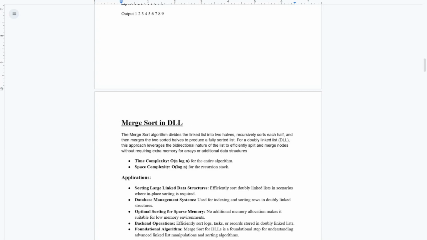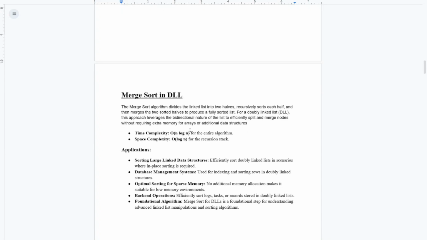We have merge sort in a doubly linked list. A doubly linked list would be given and we have to sort it using merge sort.